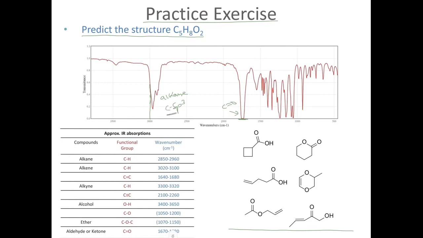So we only have an alkane. That is all we can get from here, nothing else. So that means any alkene is out. And now we are left with two choices, either the carboxylic acid or the ester.